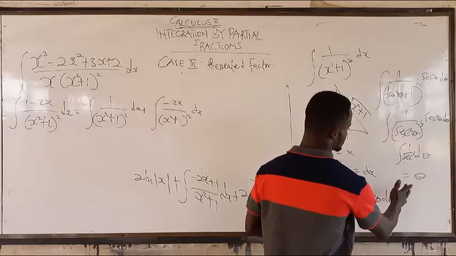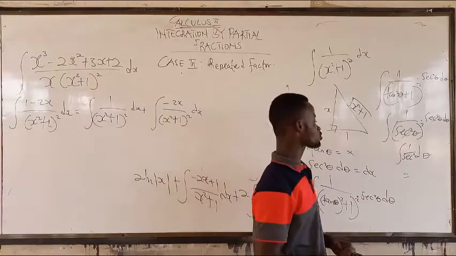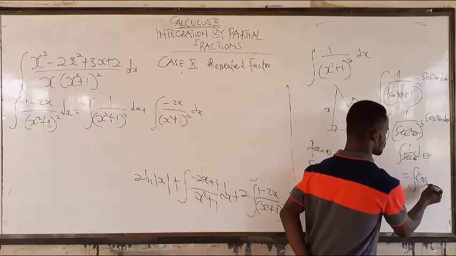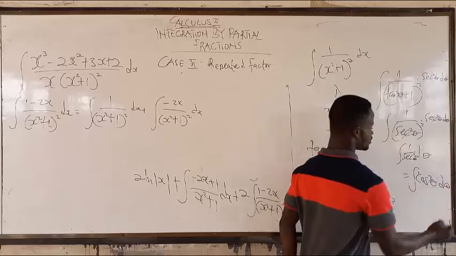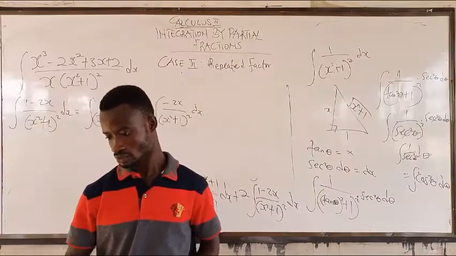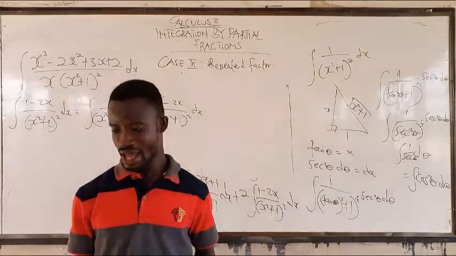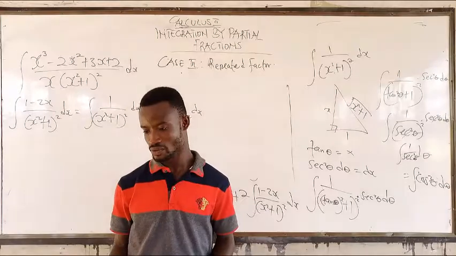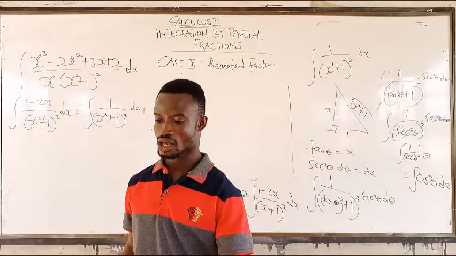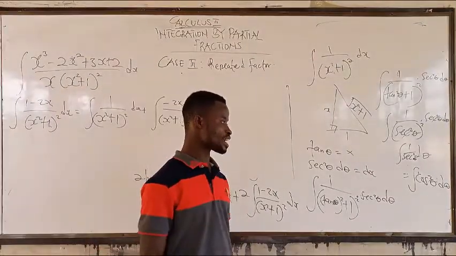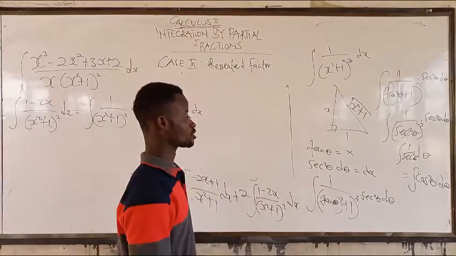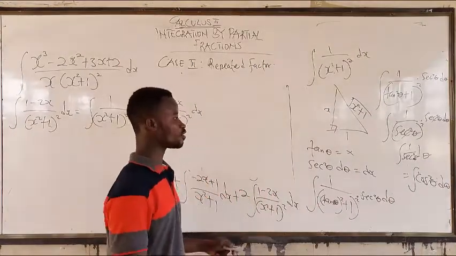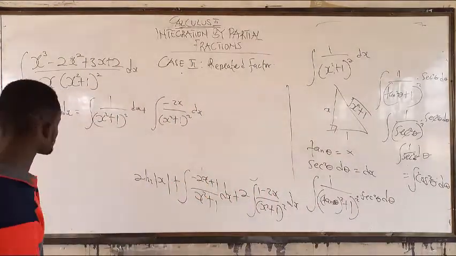And the integral of 1 over sec squared theta is the same as the integral of cos squared theta d theta. And the integral of cos squared theta is going to be replaced by the half angle, because the power there is even.